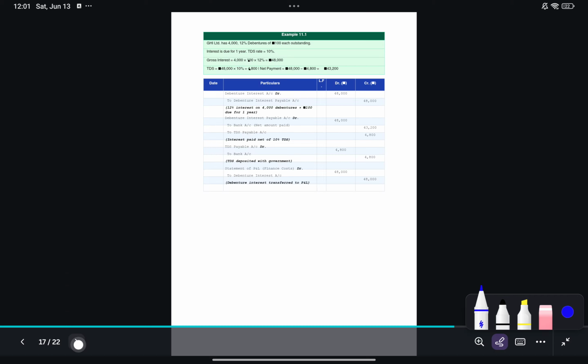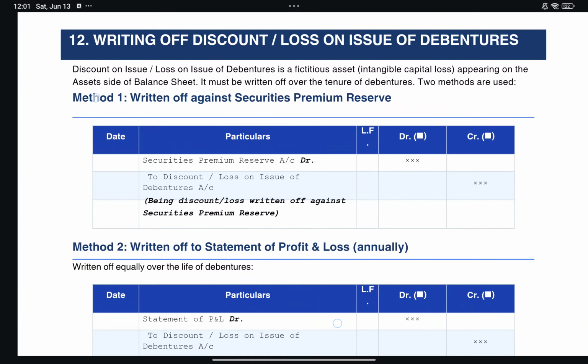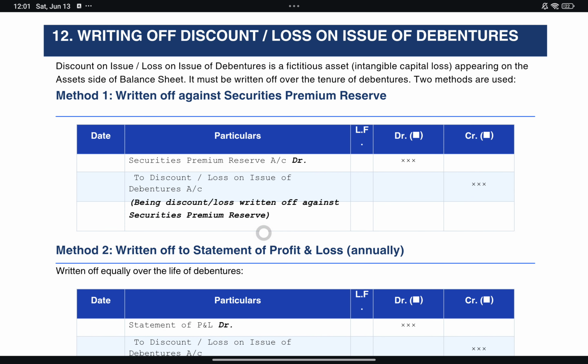Now let's jump to the next topic, and this topic is writing off discount or loss on issue of debentures. See students, whenever there is a loss, that loss should be written off in that year. Got it?